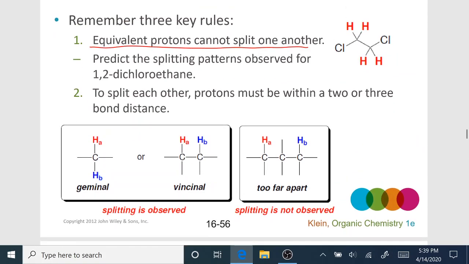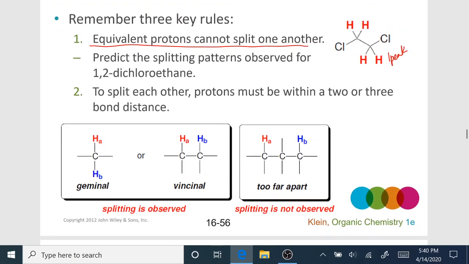So what is going to be the splitting pattern? Well, if they're equivalent, they don't split each other. Okay? So if they're equivalent, that means we're only going to get 1 peak, because equivalent hydrogens don't split each other.